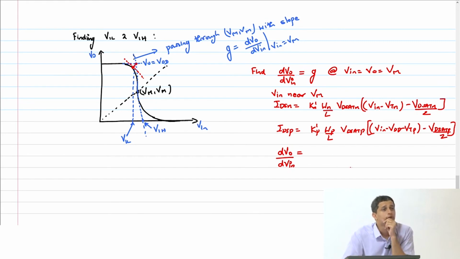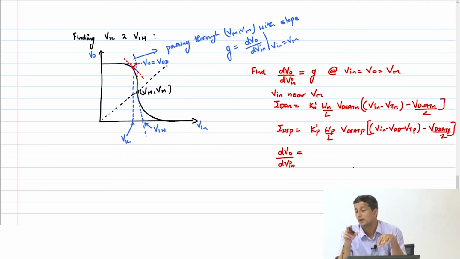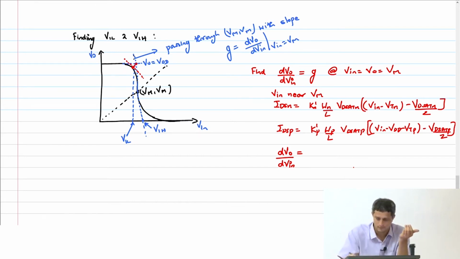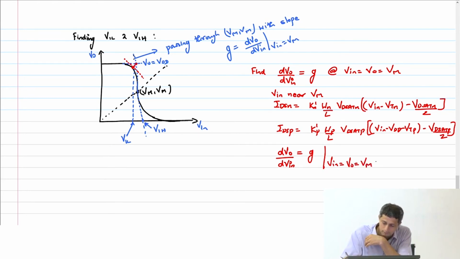What is the problem in this? I equate these two currents by doing IDSN equal to minus IDSP, then I have to find dV out by dV in, and that is the gain that I want. Gain at V in equal to V out equal to Vm.